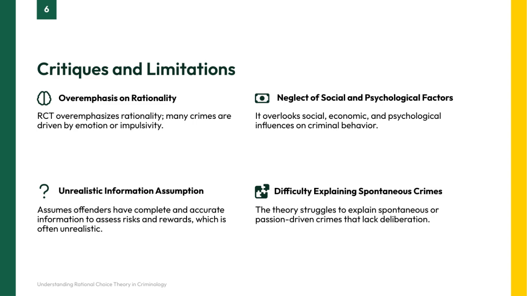Another challenge is the assumption that offenders always have complete and accurate information to weigh risks and rewards, which is rarely the case. Finally, rational choice theory struggles to explain spontaneous or passion-driven crimes, where decisions are made quickly without much deliberation. These critiques remind us that while the theory is useful, it doesn't capture the full complexity of why crimes happen.